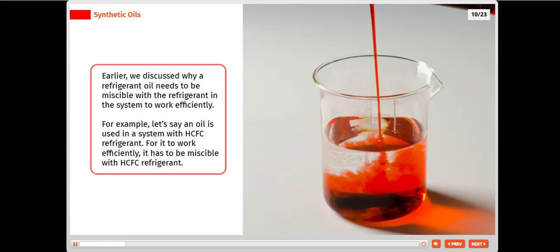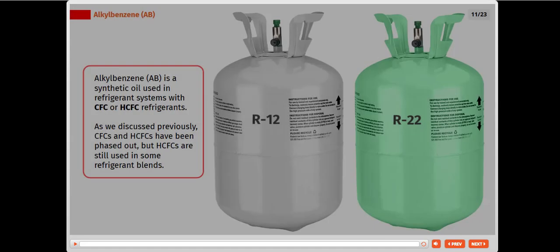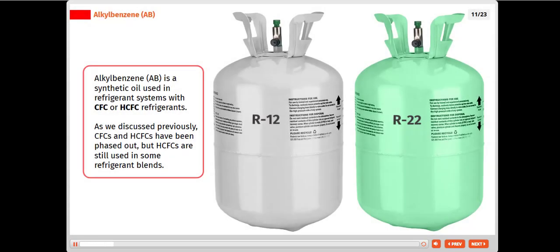Earlier, we discussed why a refrigerant oil needs to be miscible with the refrigerant in the system to work efficiently. For example, let's say an oil is used in a system with HCFC refrigerant. For it to work efficiently, it has to be miscible with HCFC refrigerant. Alkyl benzene is a synthetic oil used in refrigerant systems with CFC or HCFC refrigerants.